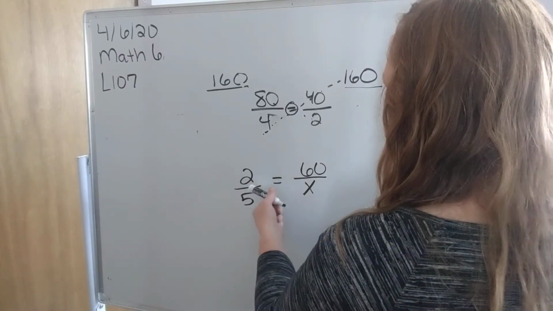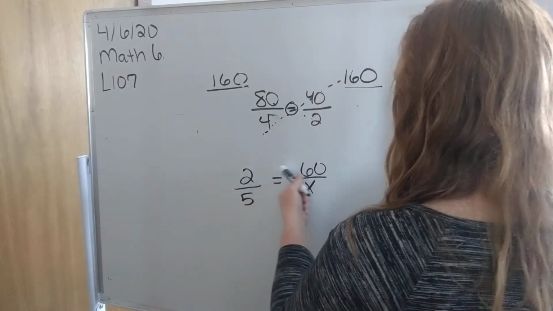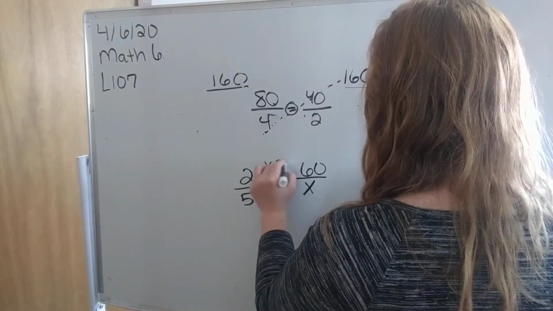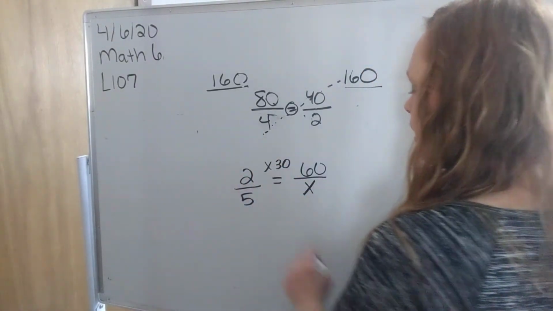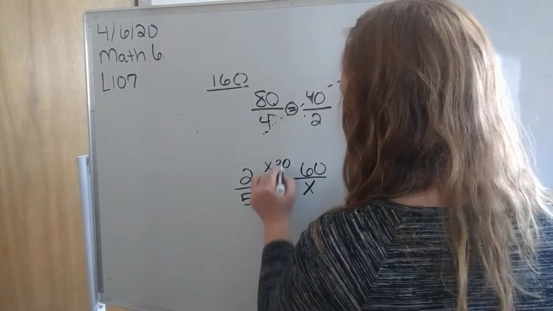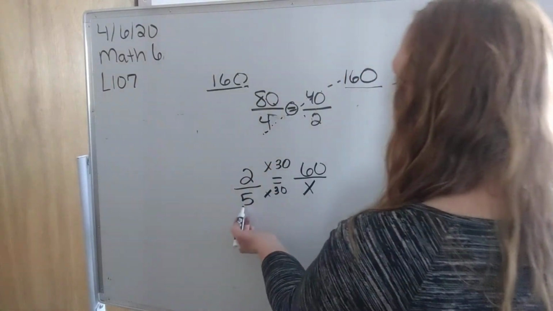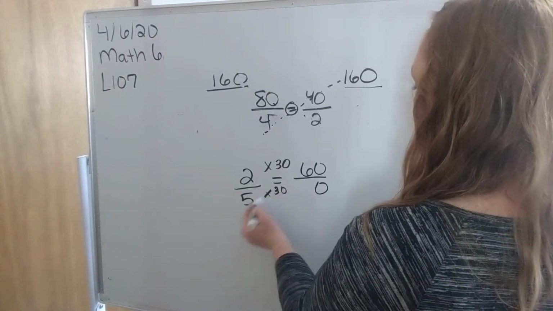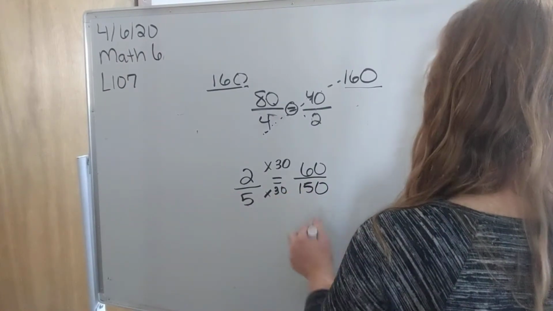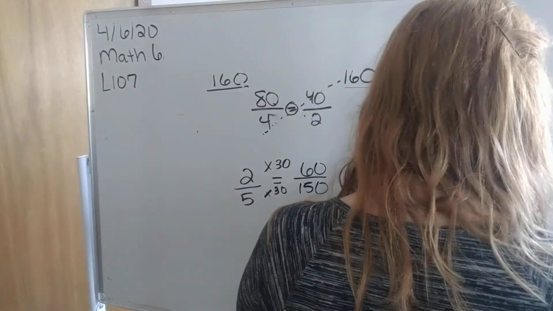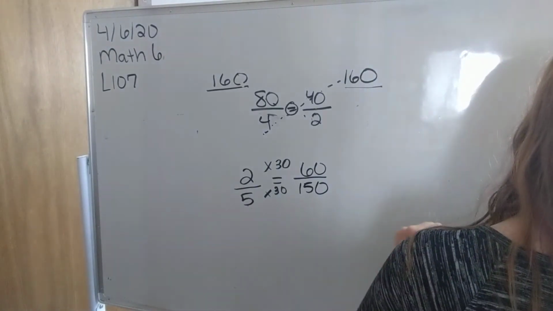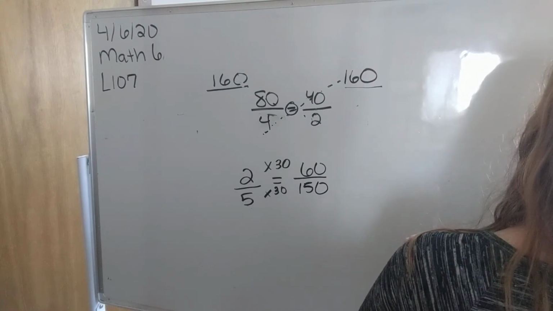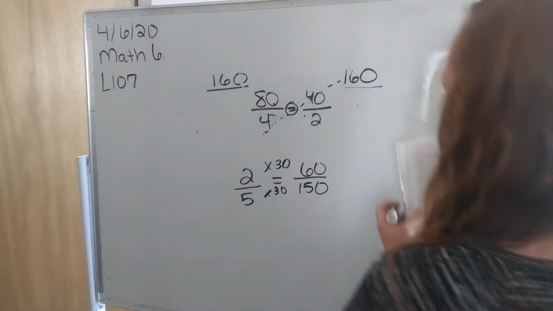One of the ways to get there is to think, well, 2 times what equals 60? Well, 2 times 30. Do you agree? So whatever we do to the top, we have to do to the bottom. So what is 5 times 30? 5 times 0 is 0, and 5 times 3 is 15. So how many pictures were there in the magazine? There were 150 pictures.